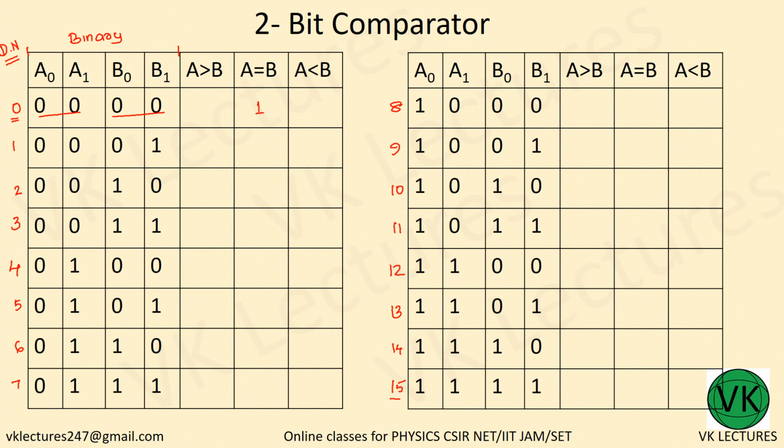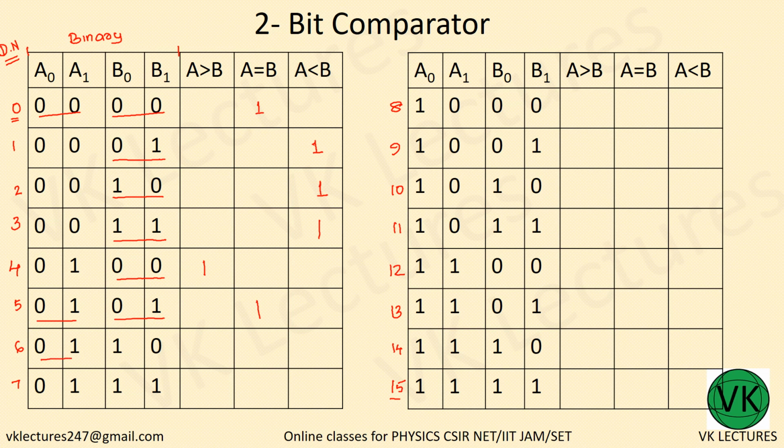B is greater. So b is greater. Here also b will be greater. Here again b is greater. Here b is less than, so here a is greater. 0, 1, 0, 1. So both are the same.